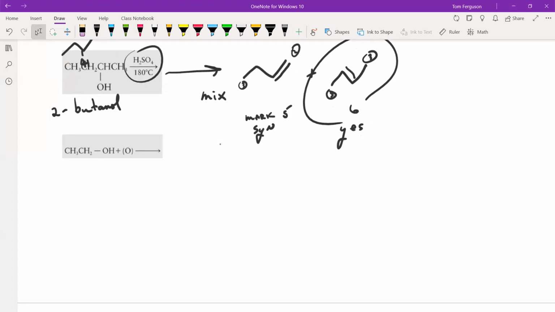Okay, we have ethanol, and it's being oxidized, like in a breathalyzer test for DUIs. What kind of alcohol is this? Primary, secondary, tertiary?